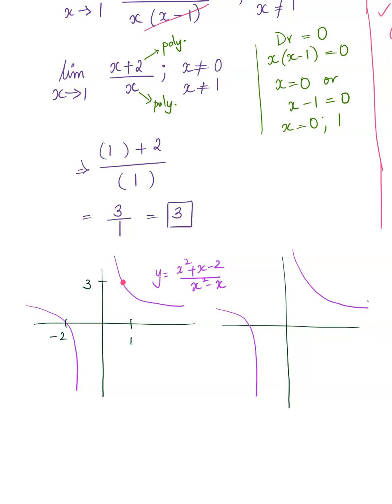Okay, so we have negative 2, 1, and 3. And where there would have been a point, that's where you see a hole, because now we found that it is undefined at that point.